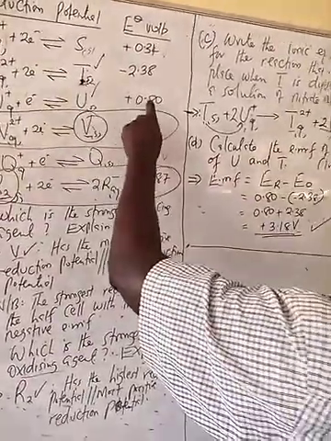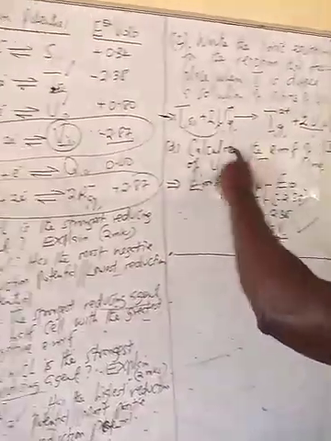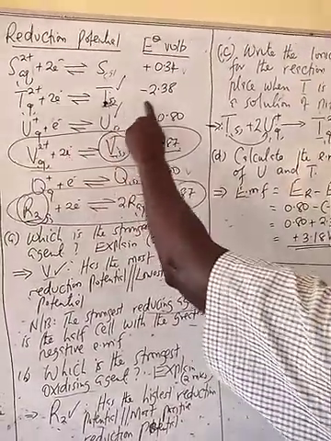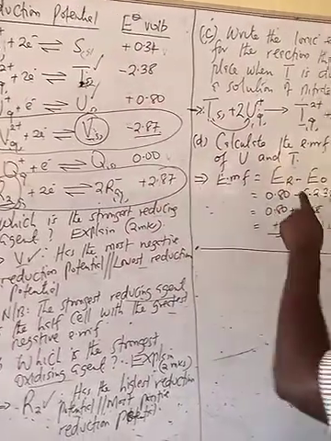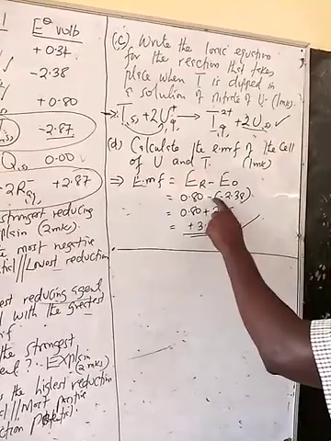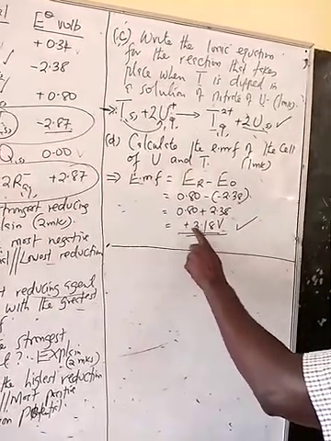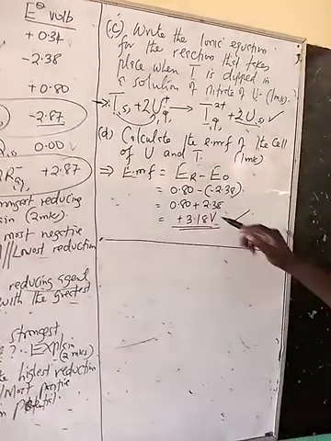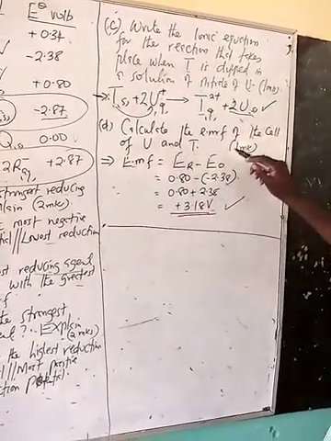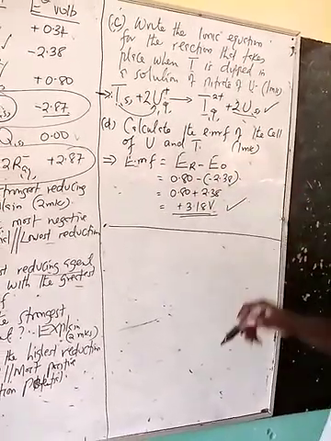So the EMF is 0.080 minus the one for T, which is negative 2.38. So minus in the bracket minus 2.38. A minus from a minus gives you positive. So this one plus this one gives you positive 3.1 volts. And this is the EMF of the cell when U and T react together.